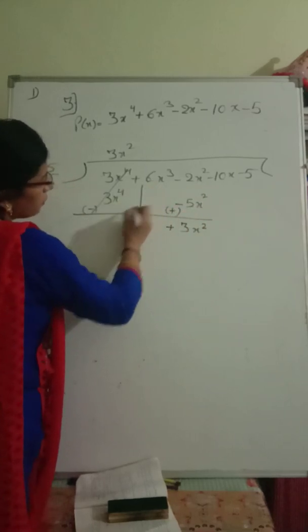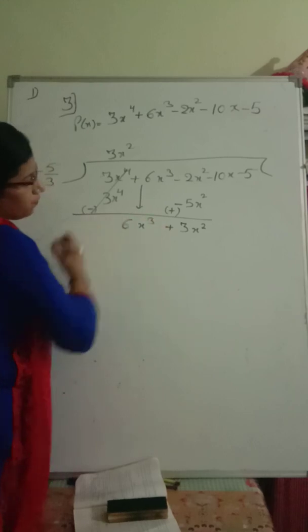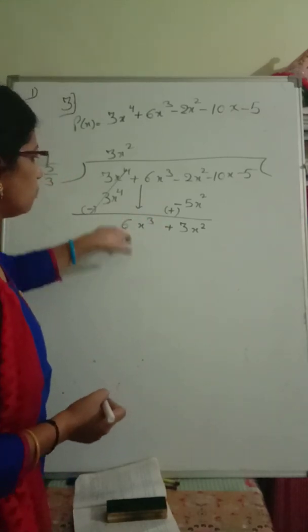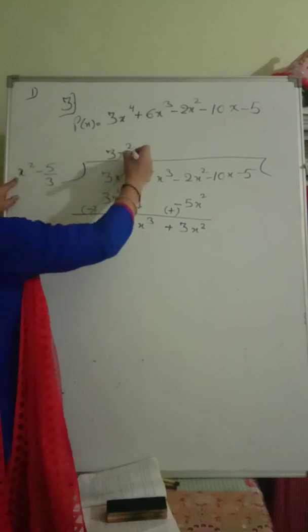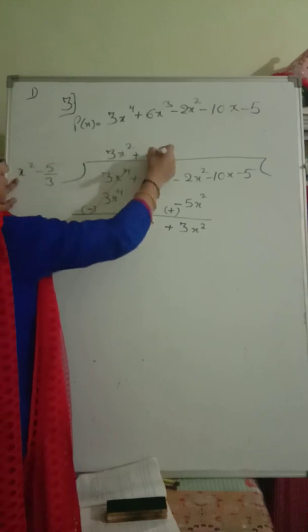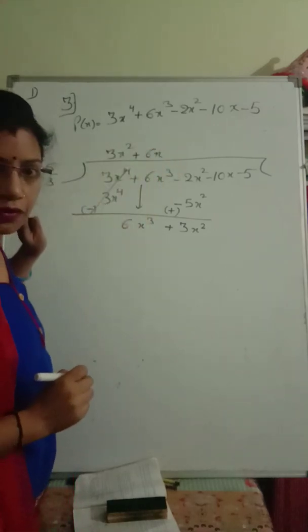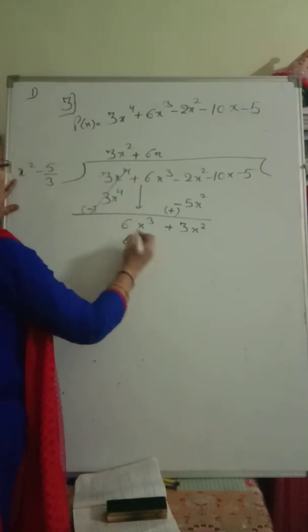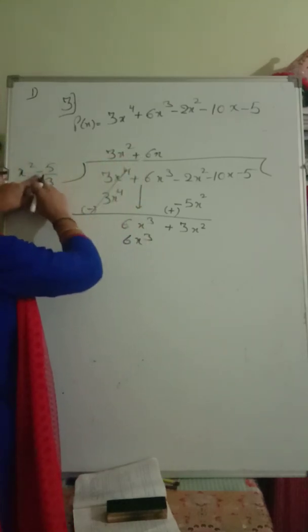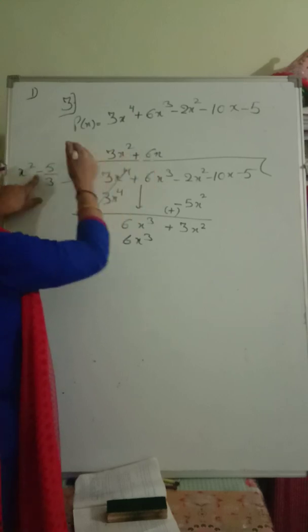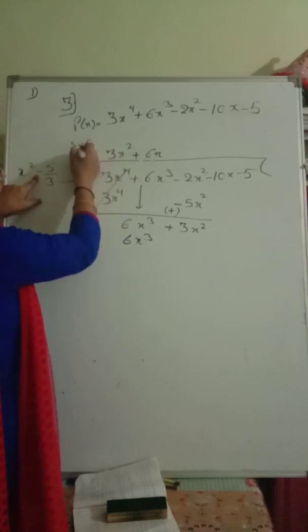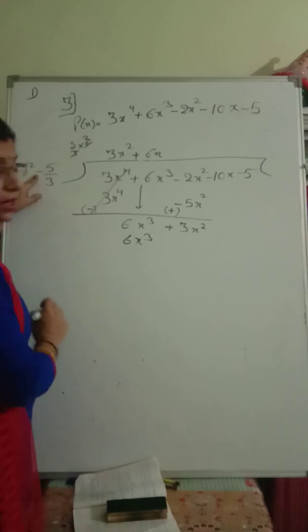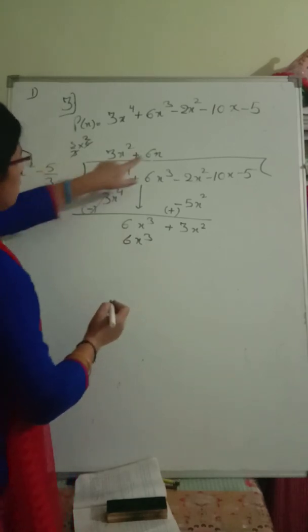Then this I am noting down, 6x cube. Now I want 6x cube, so this is plus 6. This is x square, I want x. This I don't want to see, first term only. So 6x cube. Now I have to multiply these two: minus 5 upon 3 into 6. 3 twos are 6, 10 came.